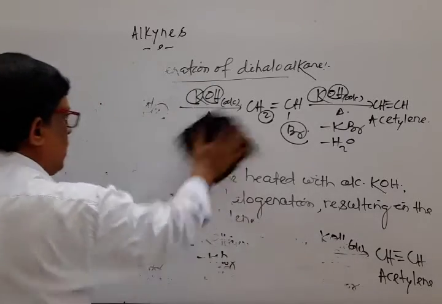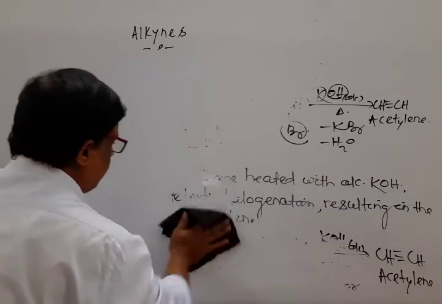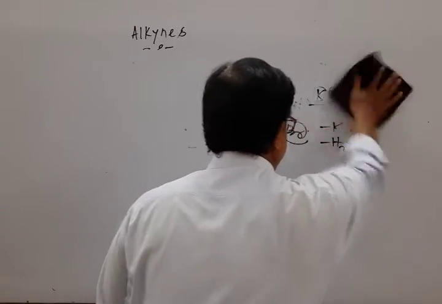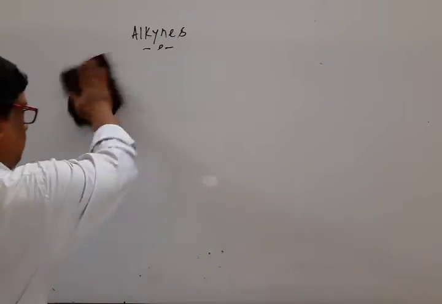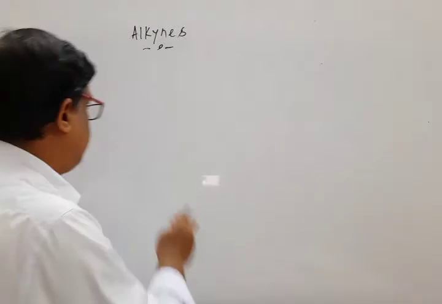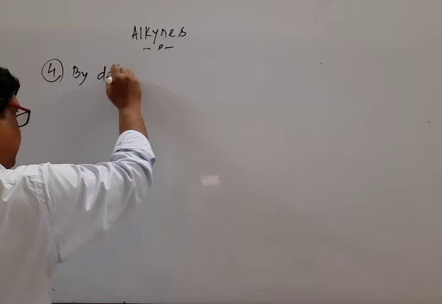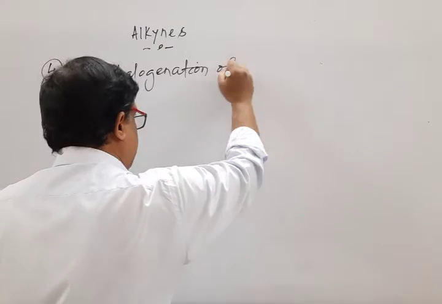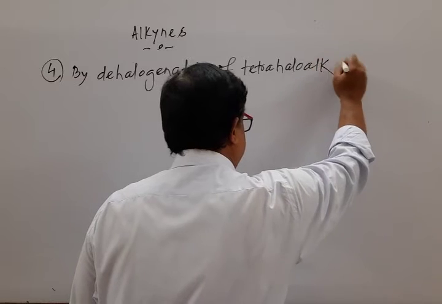dehalogenation. This one is dehydrohalogenation, but the next method is dehalogenation of tetrahaloalkane. The fourth method is by dehalogenation of tetrahaloalkane.